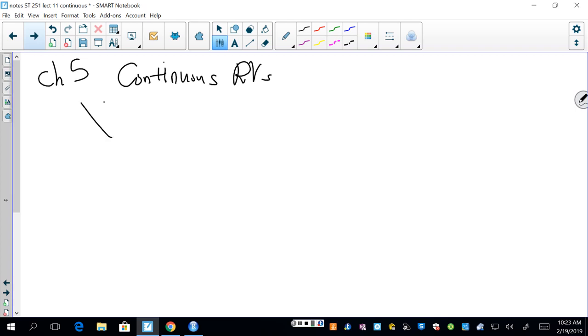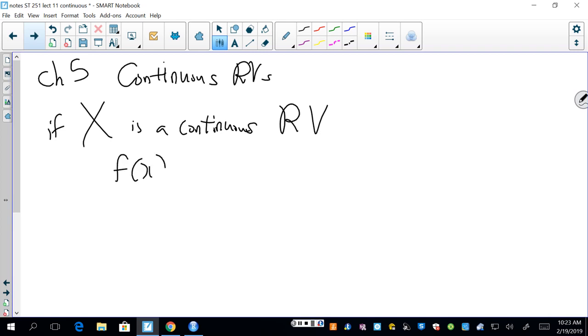So if x is a continuous random variable, we have to describe it somehow. Okay. The probabilities associated with this don't occur at particular points, but there is what's called here a probability density function.